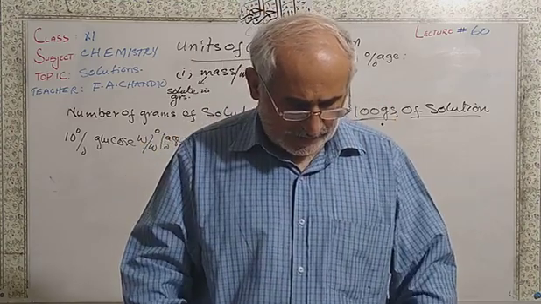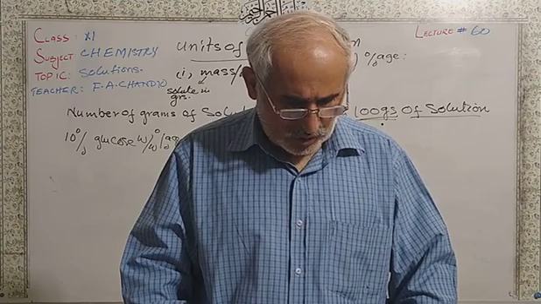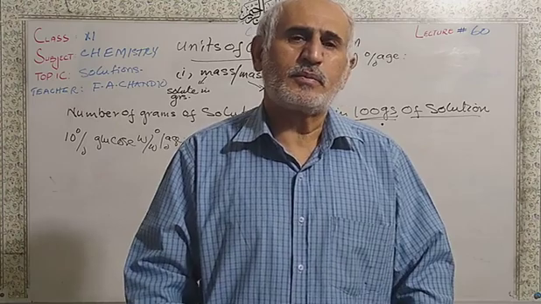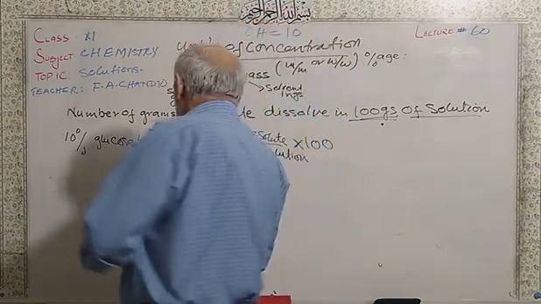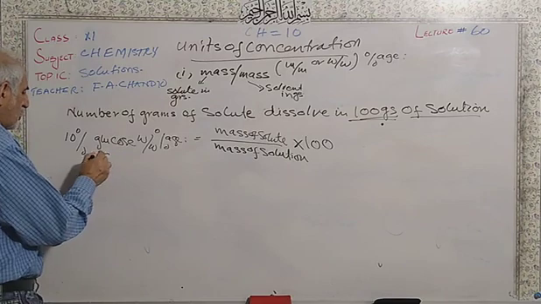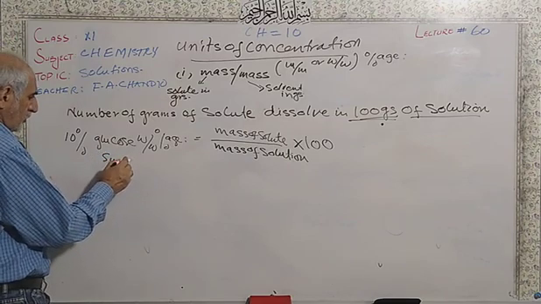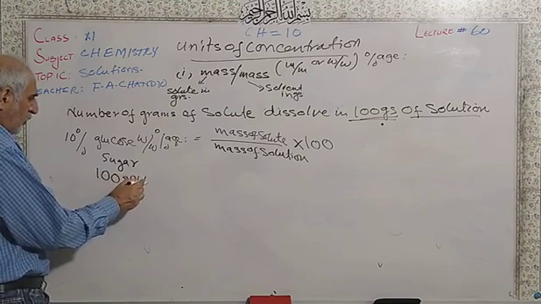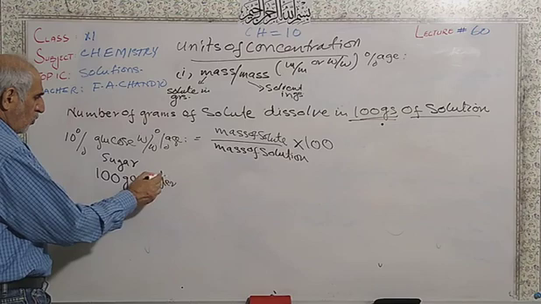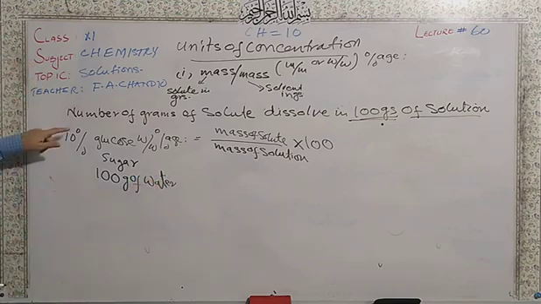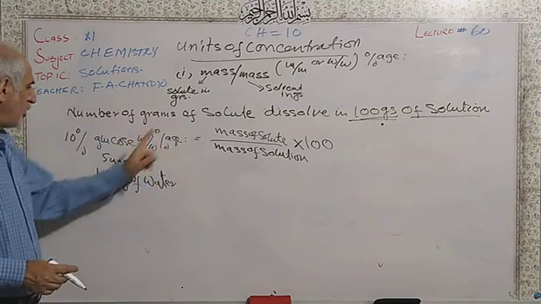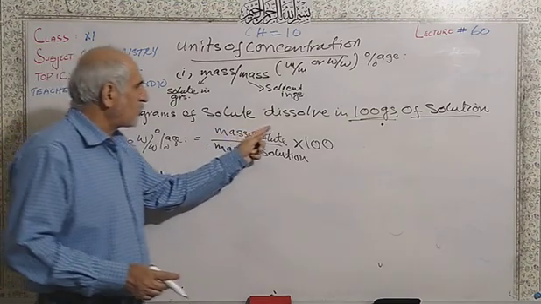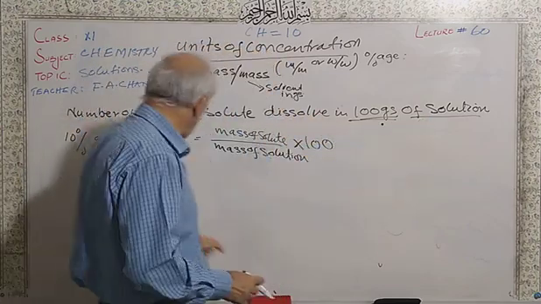Suppose the example is given here. Calculate the mass percentage of a solution containing 10 grams of sugar in 100 grams of water. But the definition is the number of grams of solute, 10 grams, dissolved in 100 grams of solution.